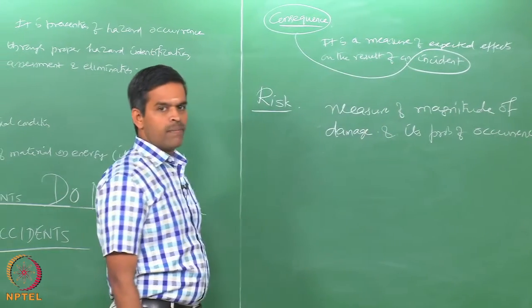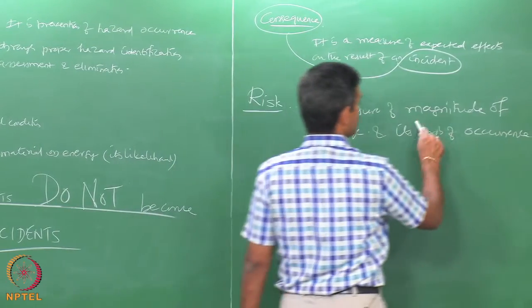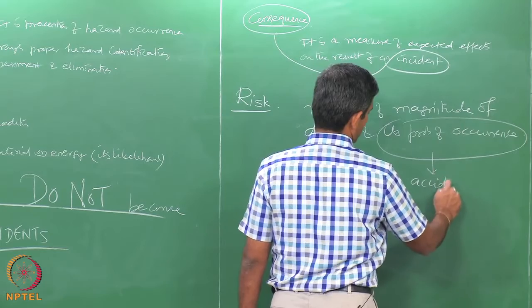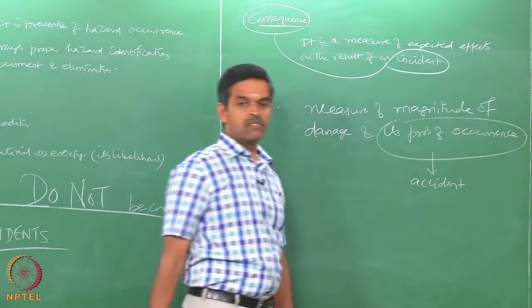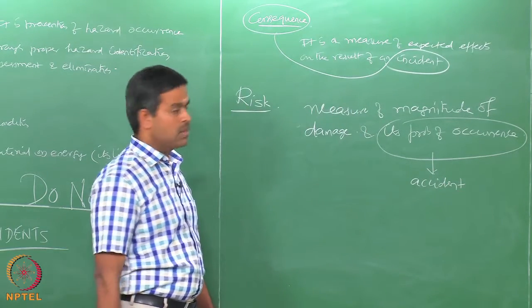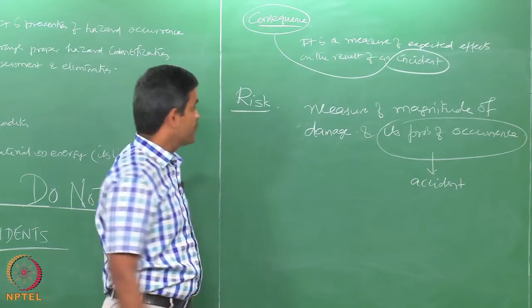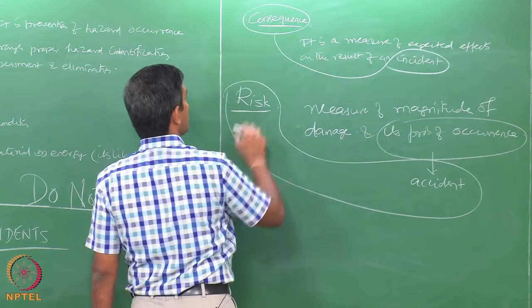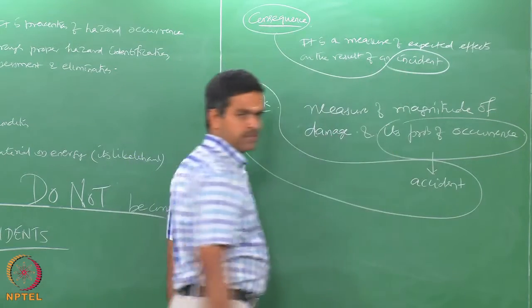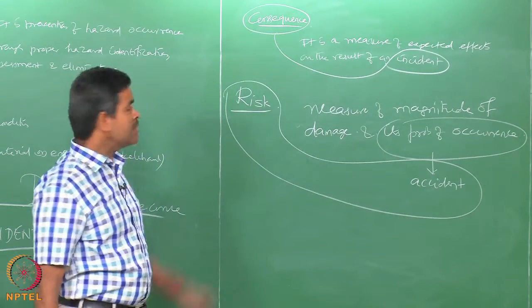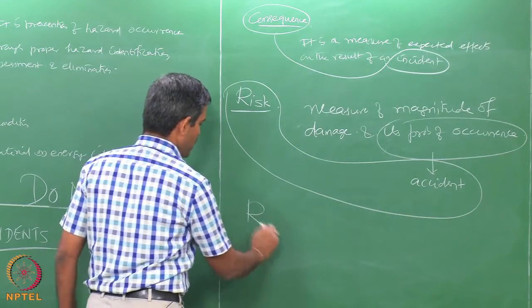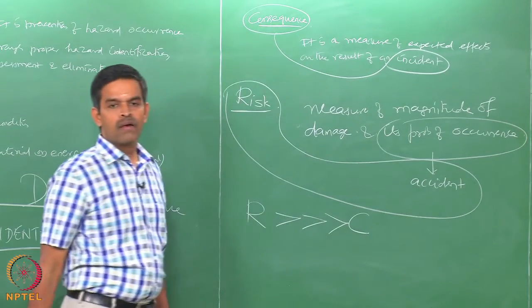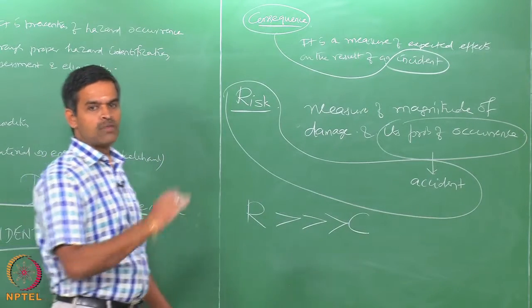The probability of occurrence data is fed from the accident. Accident does not talk about the magnitude, risk talks about magnitude. So, risk is connected to accident, consequence connected to incident. One can easily see risk is superior to consequence; consequence is milder compared to risk.